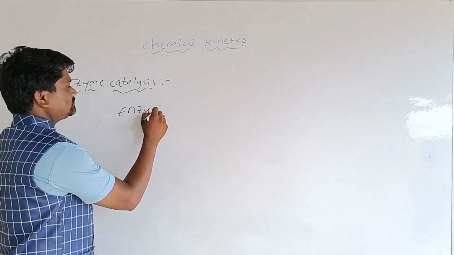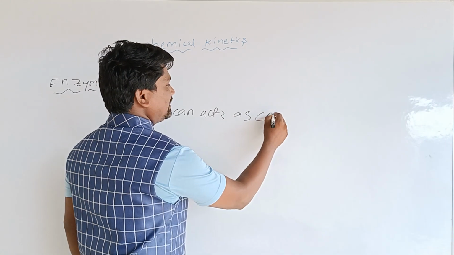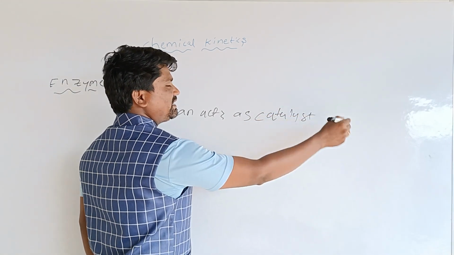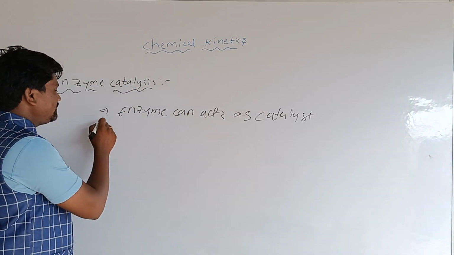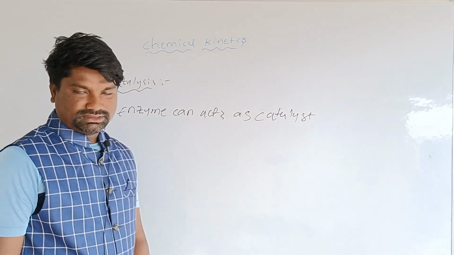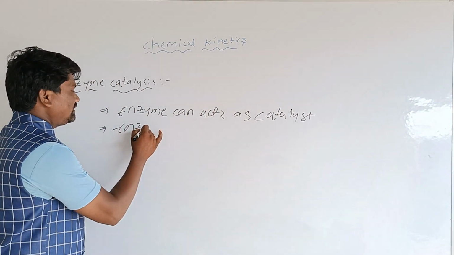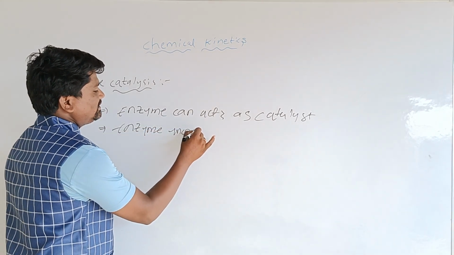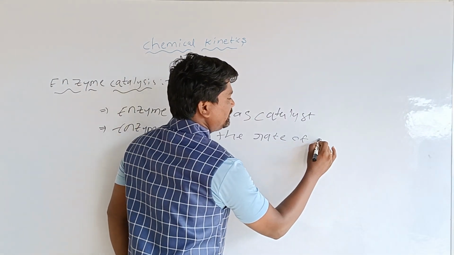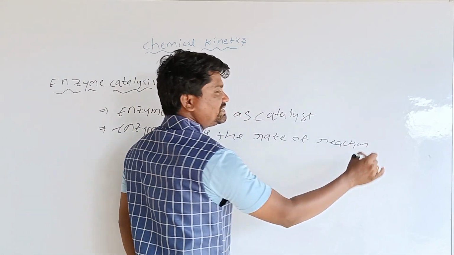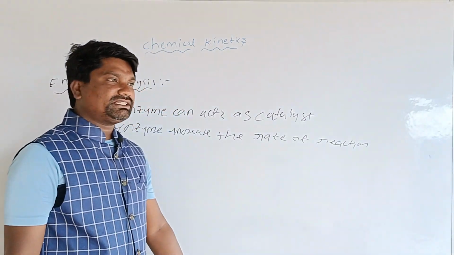Enzyme can act as a catalyst. Here the enzyme increases the rate of reaction. Enzyme increasing the rate of reaction means it decreases the activation energy.